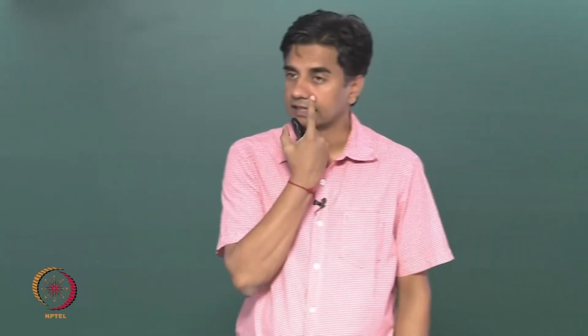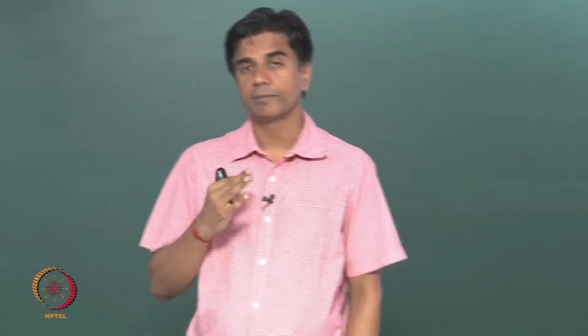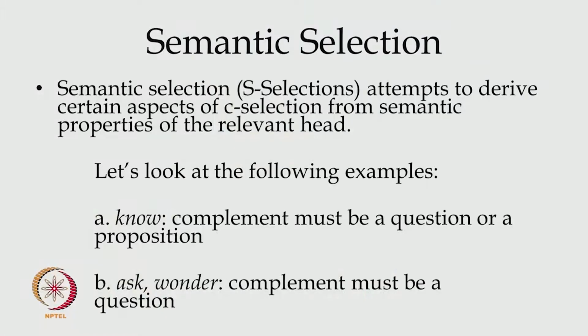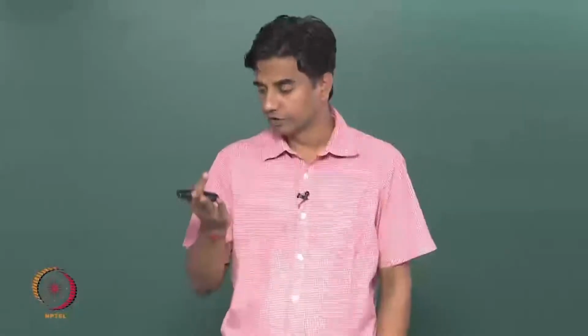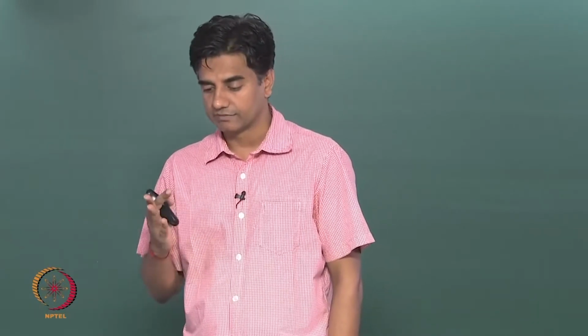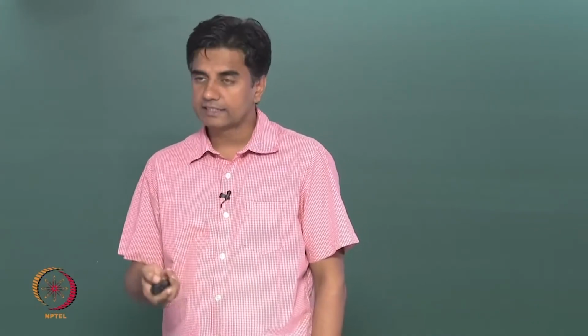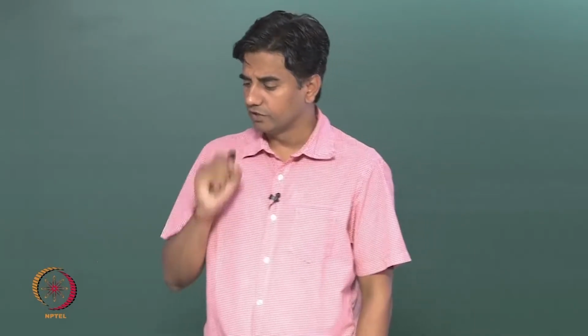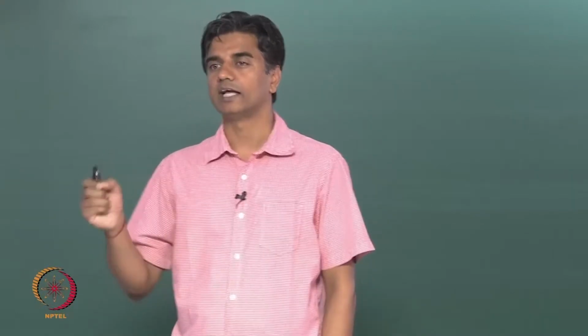And when we started looking at semantic selection, that is S selection, and we were talking about differences between categorial selection and semantic selection, that is C selection and S selection, we looked at different ways of saying things so that things will be clearer. The same thing, that the verb know subcategorizes for an NP or an IP or a CP or a question sentence.